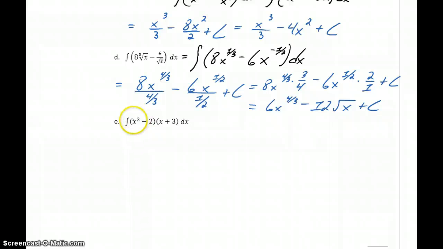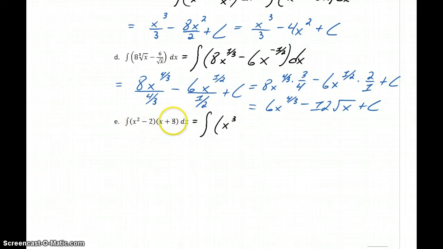Now in part E, what we have is, again, that rule that I mentioned we have to look out for. We have the product of one function x squared minus 2 times x plus 3. We can't just integrate the first expression times the integral of the second expression. So what we'll do is just expand this out. So x squared times x will give us x cubed.